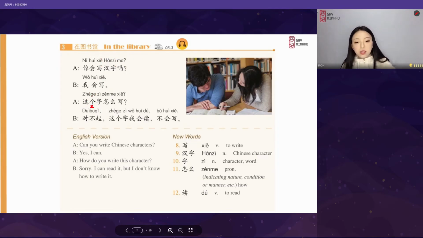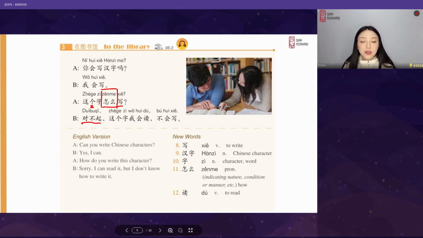Okay, 这个字怎么写, this character, how to write it? And B answered 对不起.